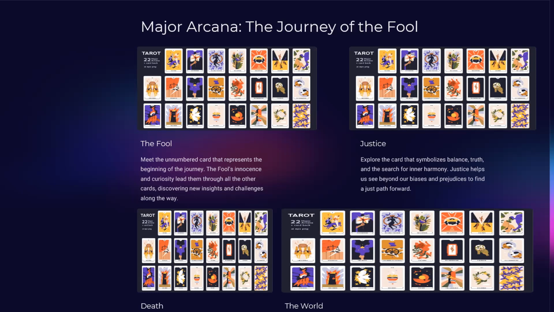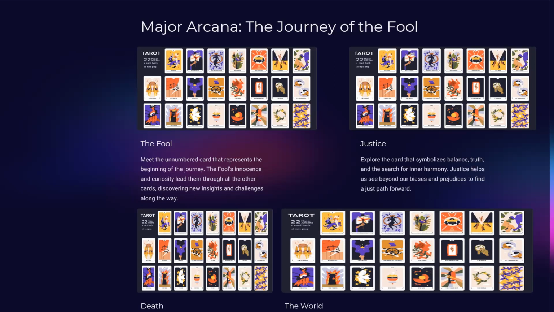One is the major arcana, which is a set of 22 cards. And there is another set, the minor arcana cards, which are the maximum in number, 56 in total. This is how the overall thing looks.